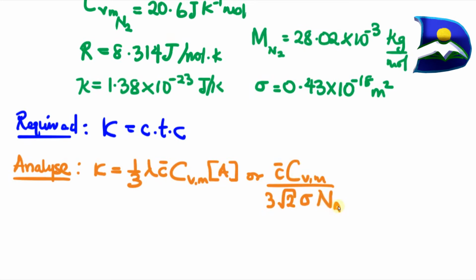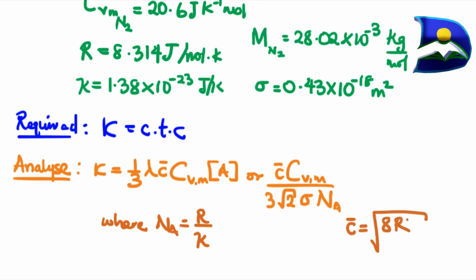For example, here we know that our relationship with the number of particles is connected to the gas constant divided by the Boltzmann constant, and also we know that our c bar, which is the mean speed, is equal to the square root of 8RT divided by pi times the molar mass of our gas.